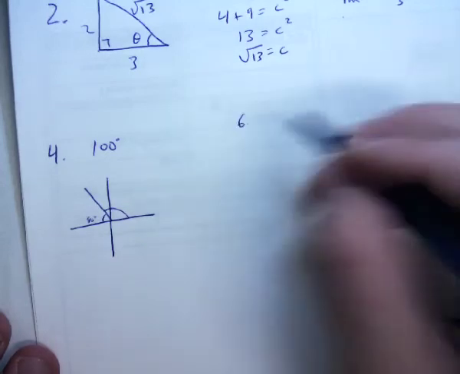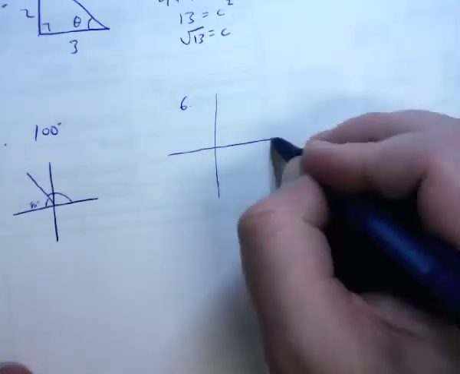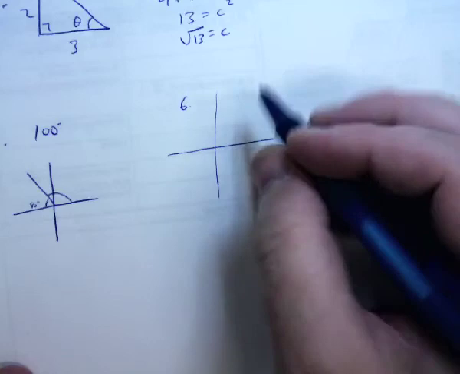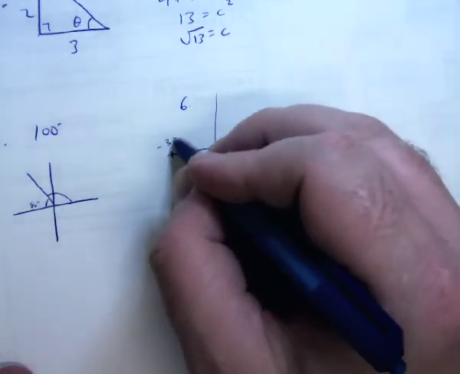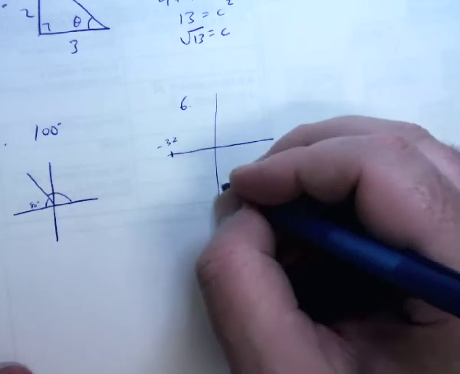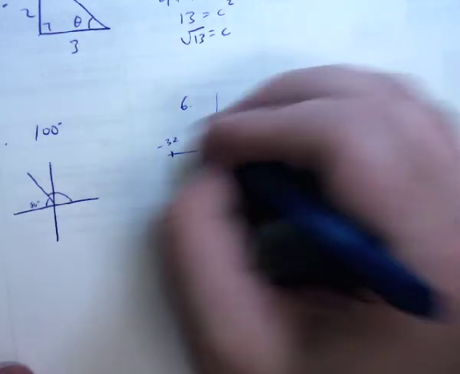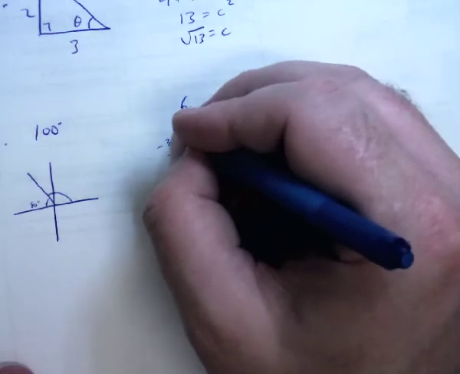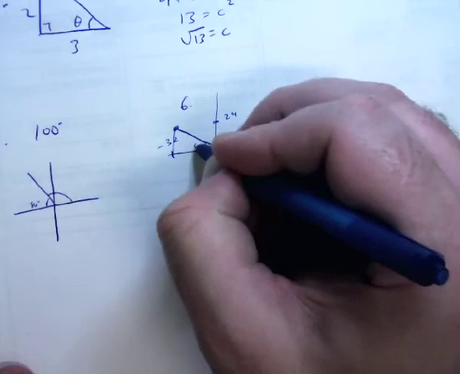6, we have to graph ourselves, and we're going to go with negative 32 and positive 24. That would be that point. We can make a triangle like that. That's theta.